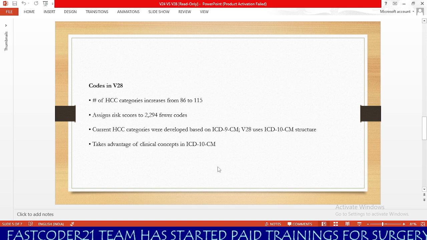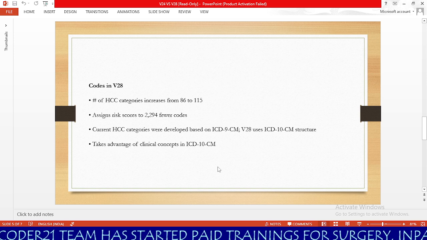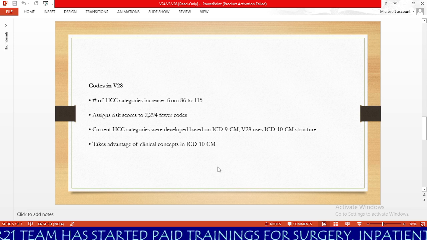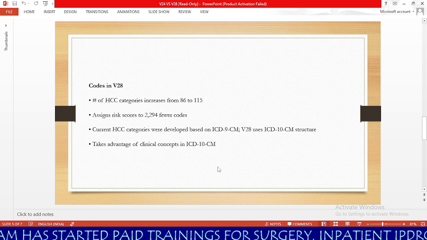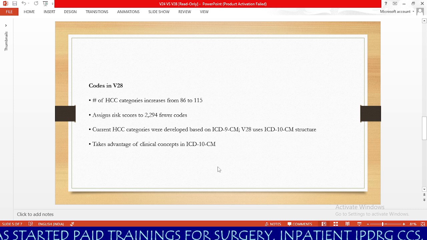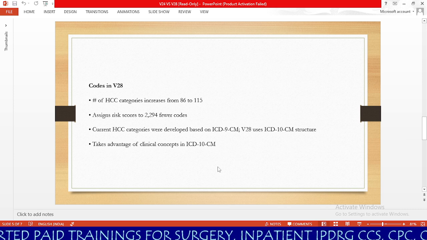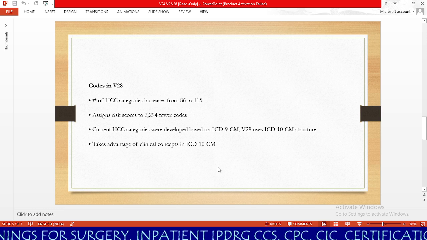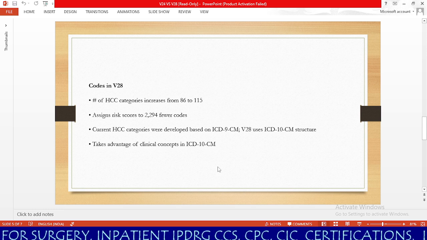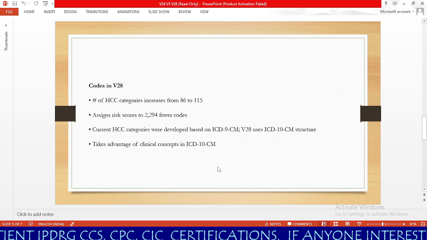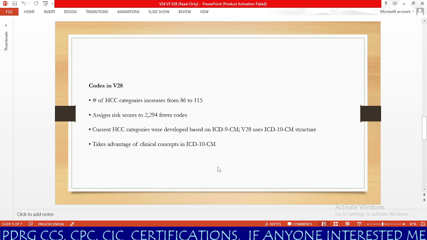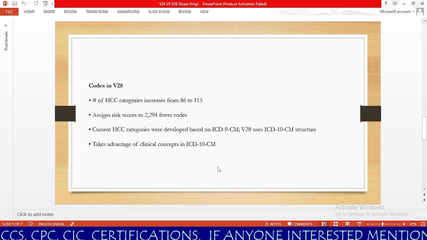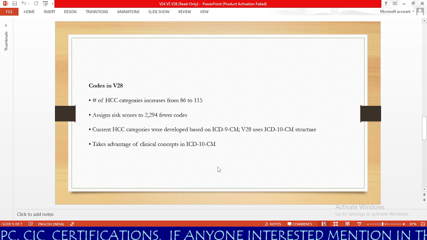So you need to understand that so far we are using ICD-9-CM HCC categories, but from 2024 we are going to use ICD-10-CM HCC categories, which are based on version 28. So all the version 28 categories or diagnoses are used by ICD-10-CM.